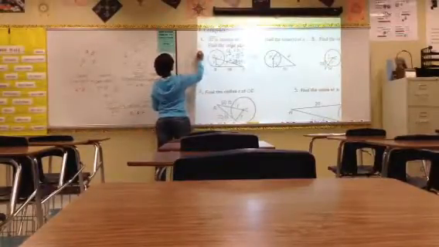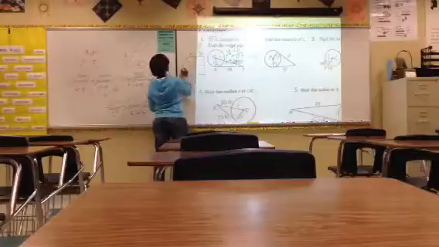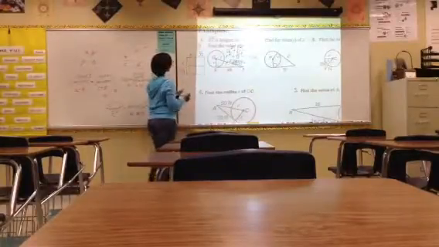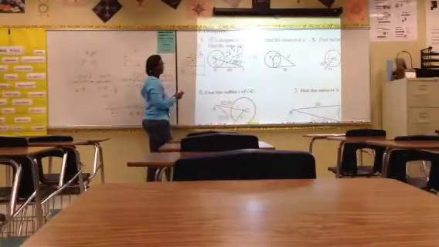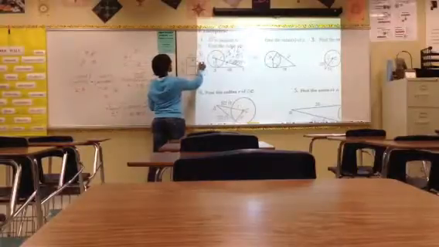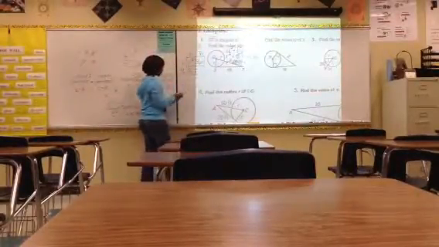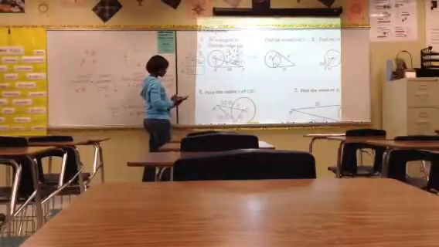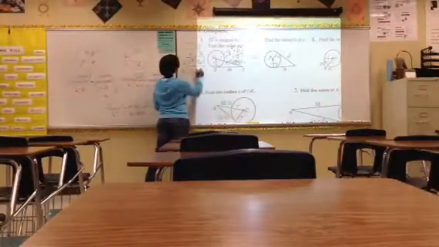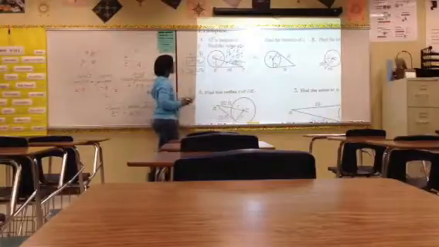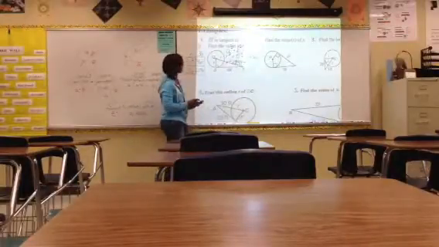We want to multiply R plus 36 times R plus 36. We get R squared. Here we get 36R. Here we get 36R. But for this box, we need to square 36. So 36 times 36 is 1,296.